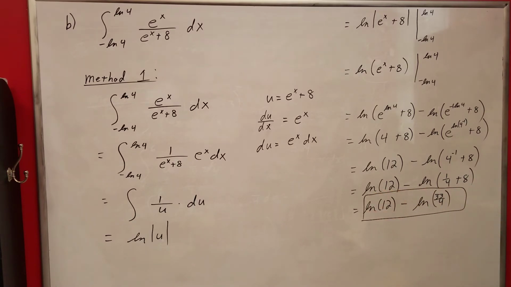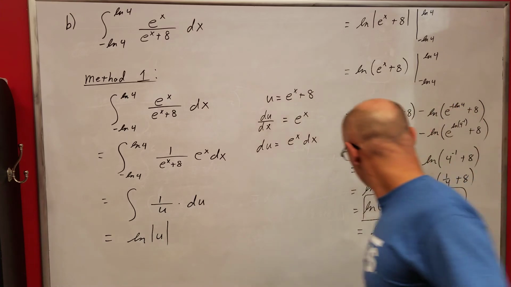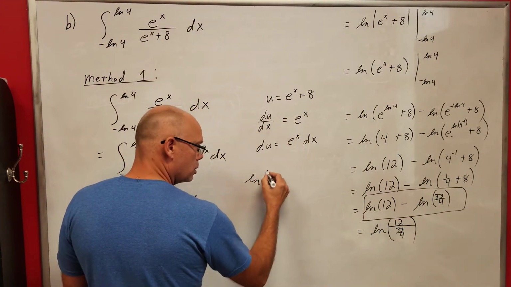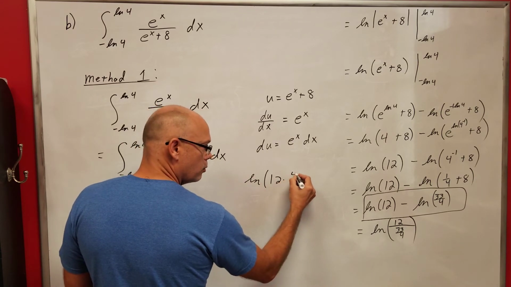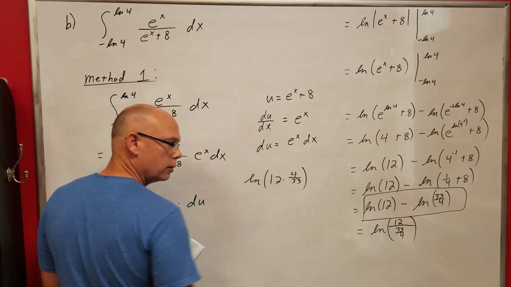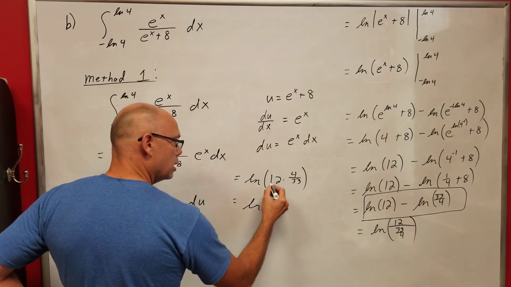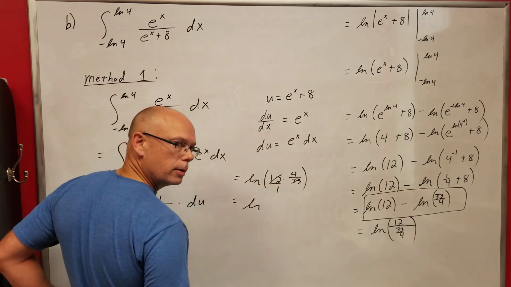When you click on show answer on Wiley Plus, they're going to do this. They're going to say, I have 2 natural logs being subtracted, so I'm going to write natural log of this argument, 12, over this argument, 33 over 4, which they're going to multiply by the reciprocal here and change this into the natural log of 12 times 4 over 33, which they're going to say is the natural log of, divide these both by 3, and what do you get?